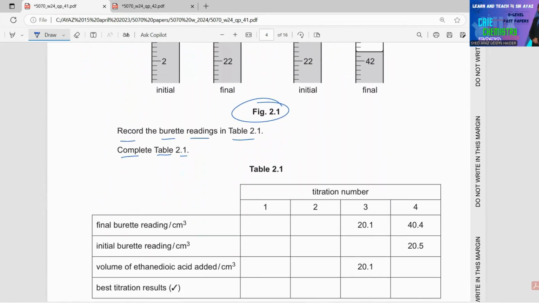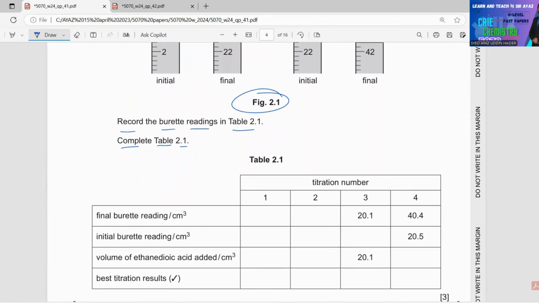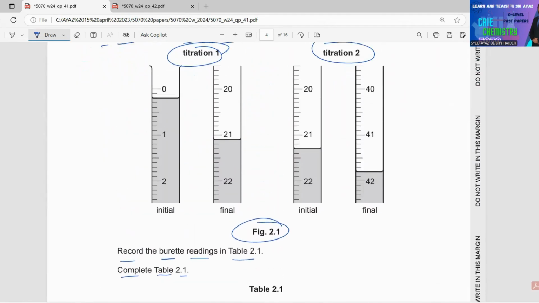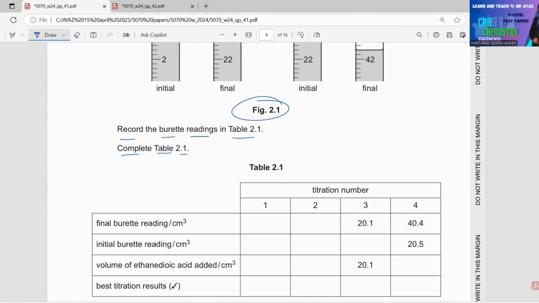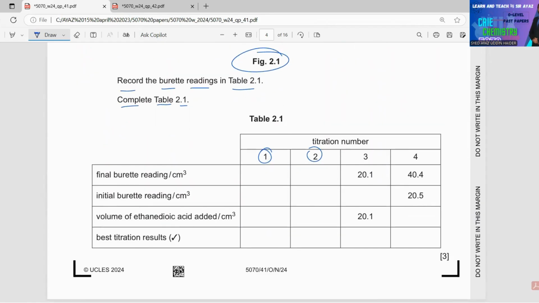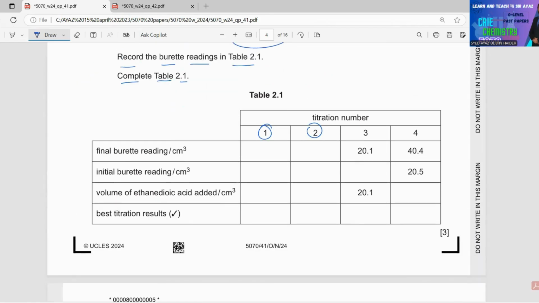We need to complete it for titration 1 and titration 2. These are titration numbers. Later on they will definitely ask us to complete these values also. Yes, 3 and 4 also.